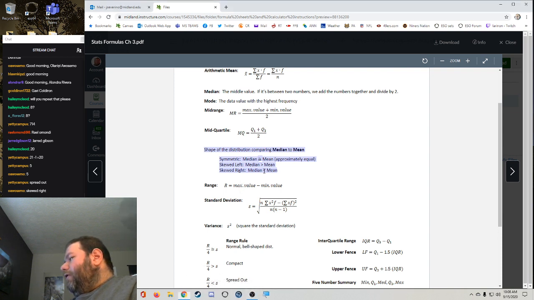Remember that's our sign here, that's less than, that's greater than. So we end up with this scenario where the median is less than the mean, so it tells us the data is skewed right.